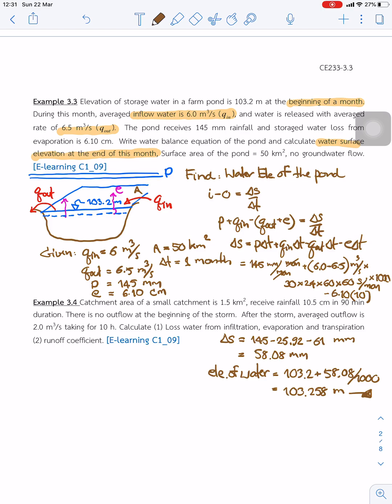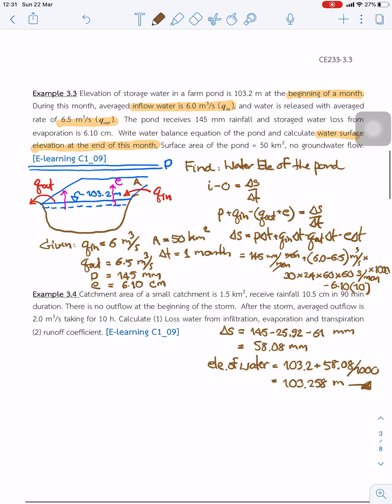Okay, that is our solution. In this case, we convert everything in terms of depth in millimeter. You can do it another way: you can convert every term in terms of volume, cubic meter, and we can do the same way to find the solution.